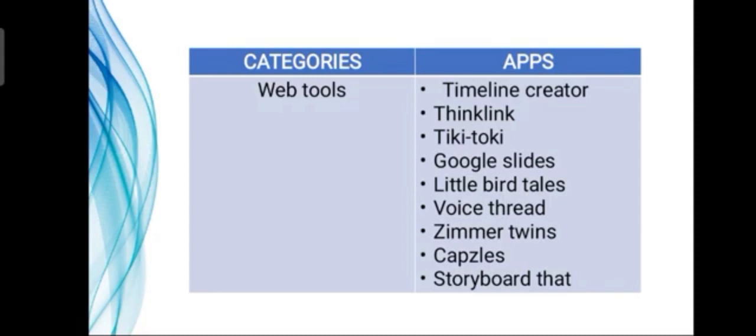Most of these apps, as part of Gen Z, we all know and are familiar with. Now, how do we employ these tools in a lesson? As a teacher, it is important that we know how to use or employ these in our class.